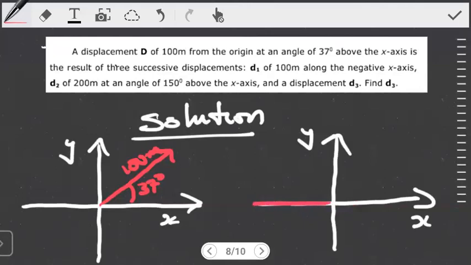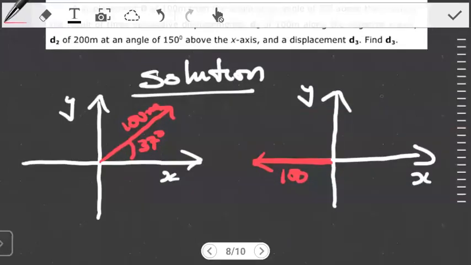The angle is there, but in this case it just moves along the negative X. If you wanted to use the angle, you'd have to measure from here, and you should see that the angle here is going to be 180 degrees. So this is D1, and the value is 100 meters in that direction. Of course, this is going to be negative since it is going to the left. So here we have D1, and then here is the resultant itself, capital D.